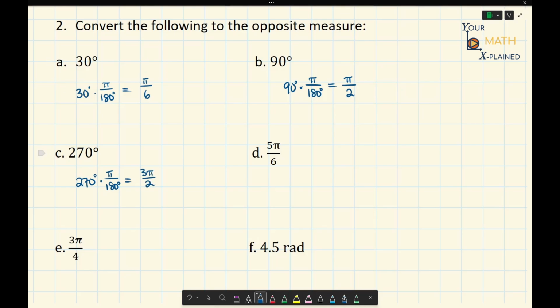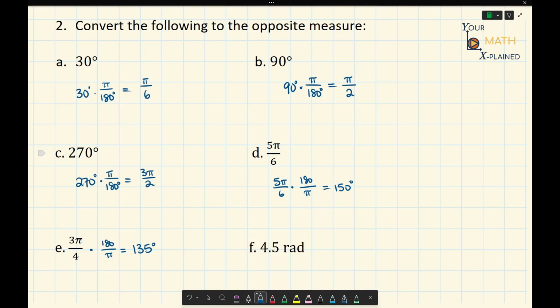And now, to convert from radians to degrees, we will multiply our angle by 180 over pi. So this would be 150 degrees. And then 3 pi over 4, multiply that by 180 over pi. And that is equal to 135 degrees.